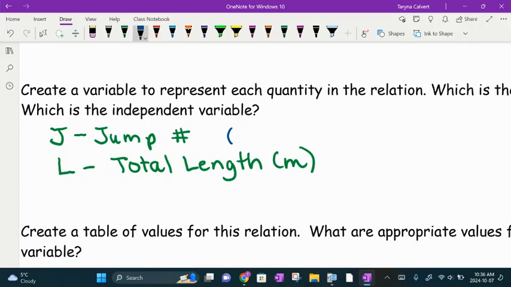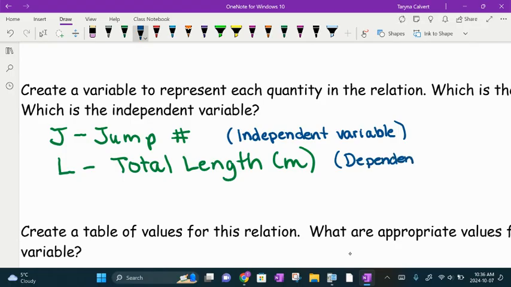You're right, so L is dependent, the length depends on the jump number. So we need the jump number before we get the length.